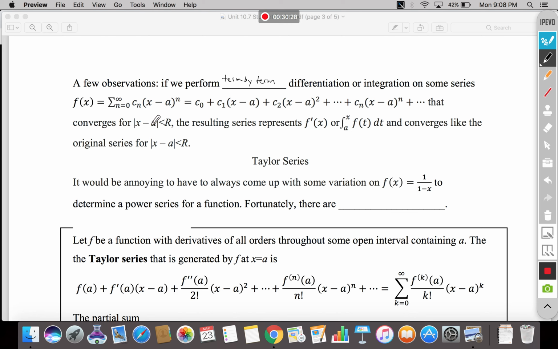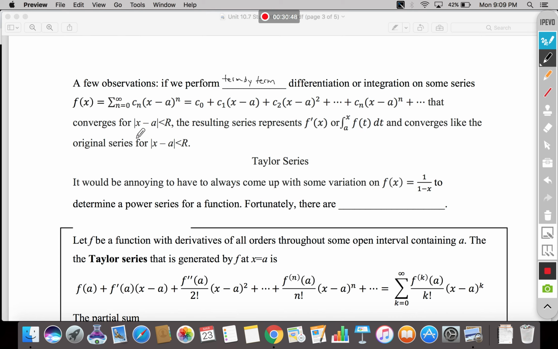In this case, a was 0 for ours, so it's just absolute value of x less than 1. Then the resulting series represents the derivative or the integral of that function, and it converges like the original series.